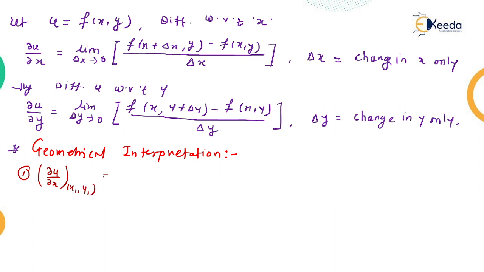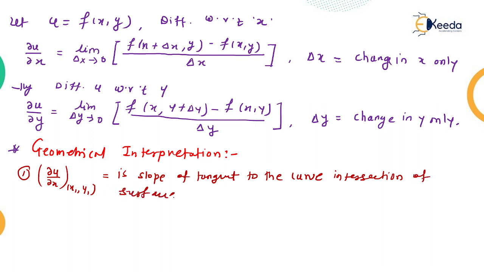This is nothing but the slope of a tangent to the curve of intersection of a surface.